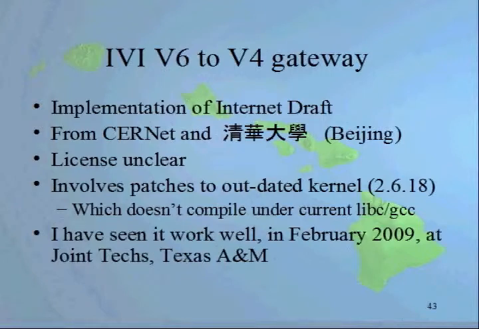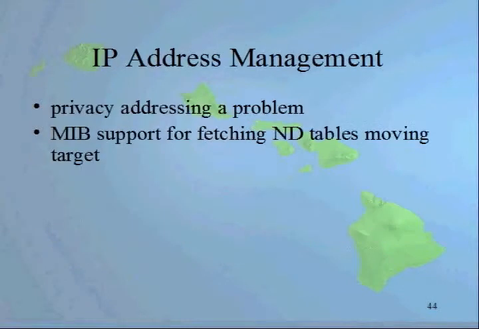IP address management is worth mentioning because Windows Vista and 7 v6 clients do not, most clients will use their MAC address, the Ethernet address on their Ethernet interface, to make up their IPv6 address.